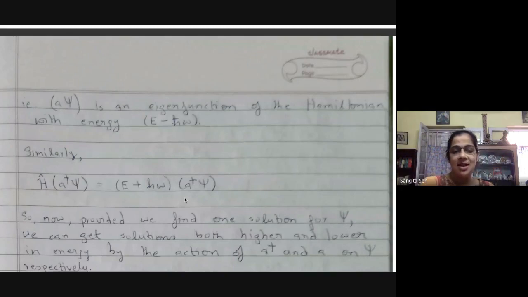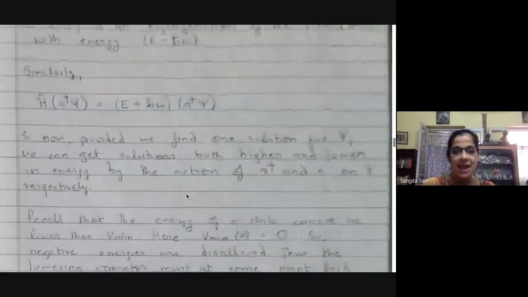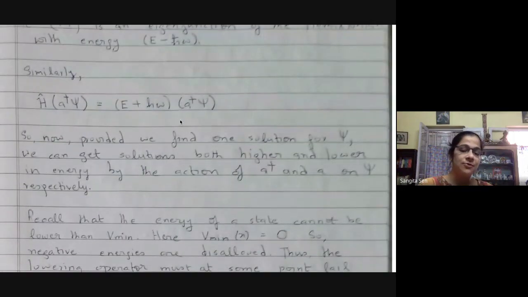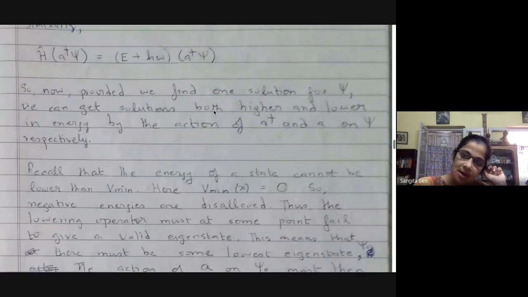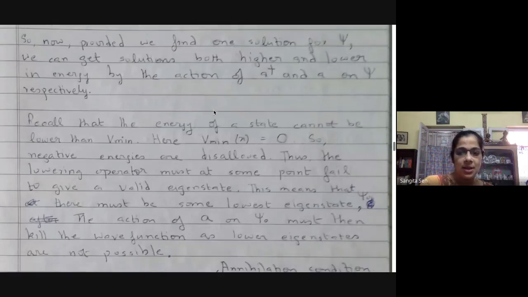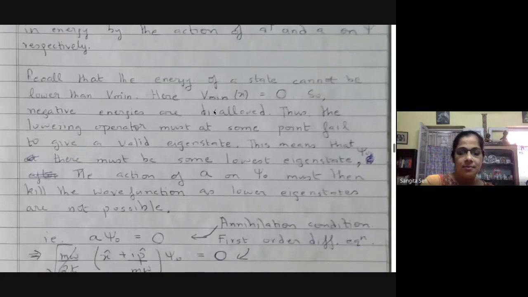So the idea is now to find one solution of psi. And then we can use this idea of shifted energies to obtain the energies for the other functions. Now, in some previous lecture, quite some time back, we showed that the energy of a state can never be lower than the minimum value of the potential that is in the Hamiltonian.